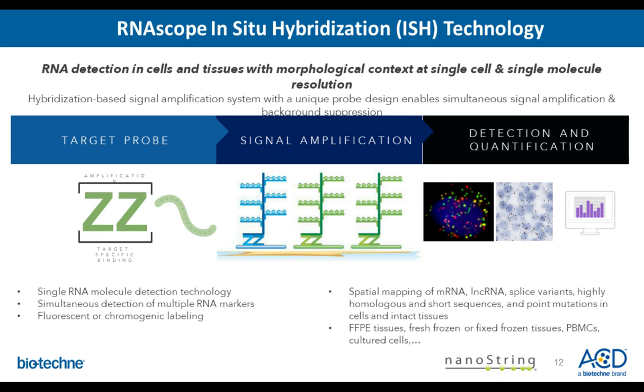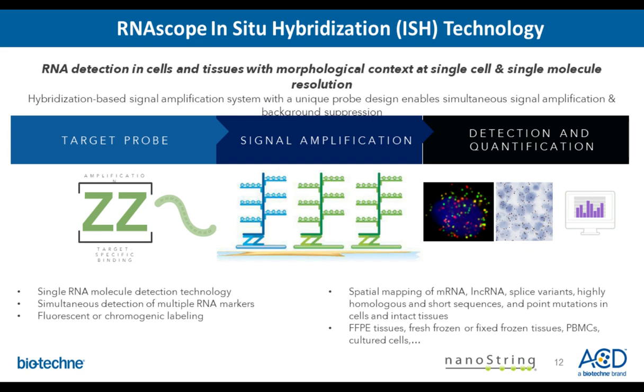Thank you, Doug. For those of you who are not familiar with RNAscope technology, we are an in situ hybridization assay that was specifically designed to overcome many of the limitations of a traditional ISH assay, while still maintaining high sensitivity and specificity of detection. This technology consists of three major parts, as you see on the screen. The first part is our probe design, wherein ACD will specifically design a target probe against your gene of interest.